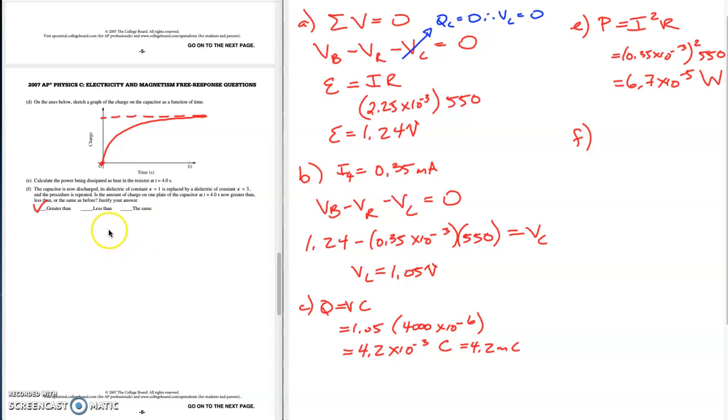So for a parallel plate capacitor, let's come back over here. C new equals, let's see, they said kappa is 3, so it's going to be 3 times C of the original.